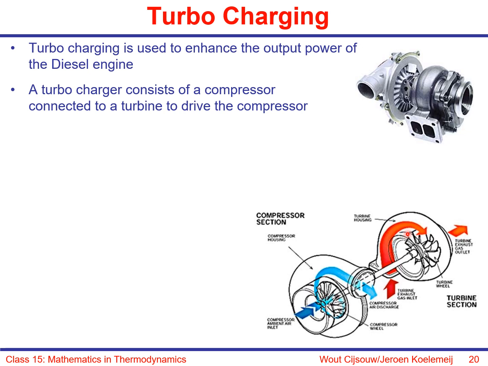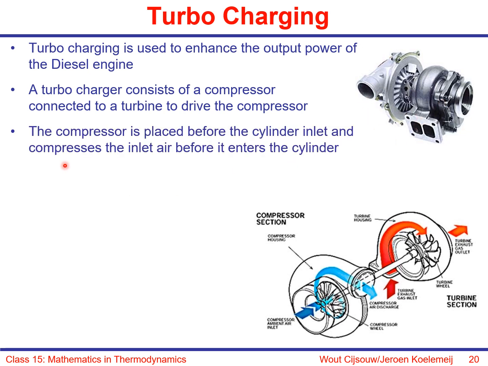It's something we have seen in block 4 several times as well, this combination of compressor and turbine. And you may want to look up what I'm talking about. And here is a picture of a typical turbo.